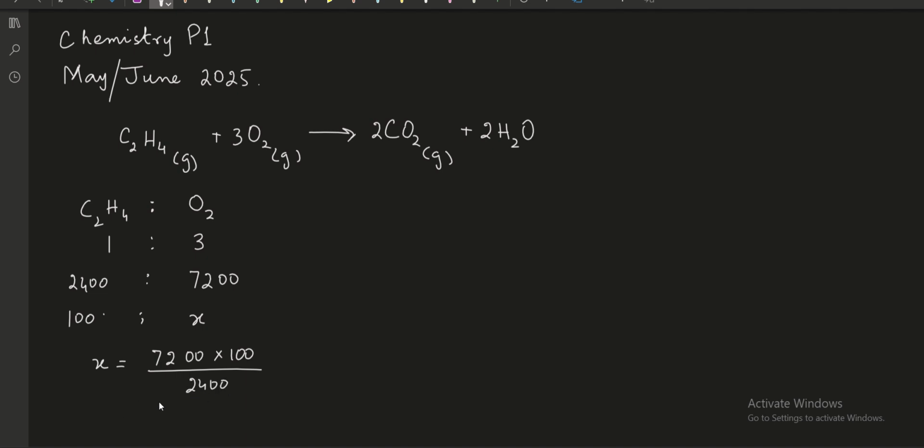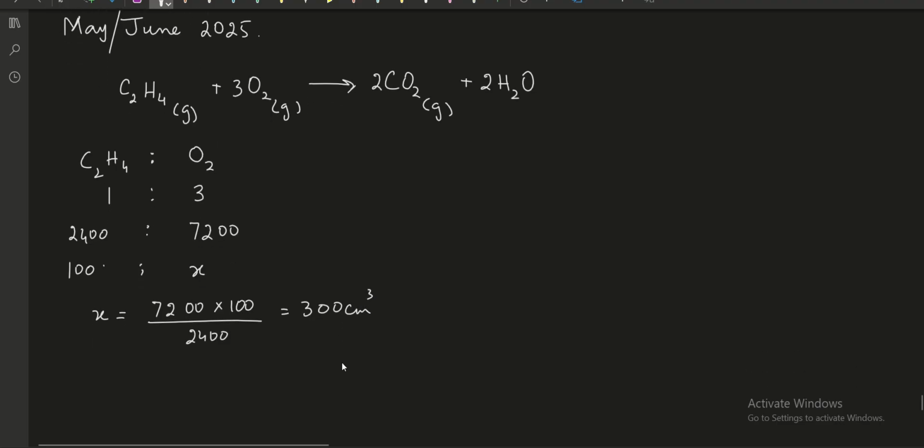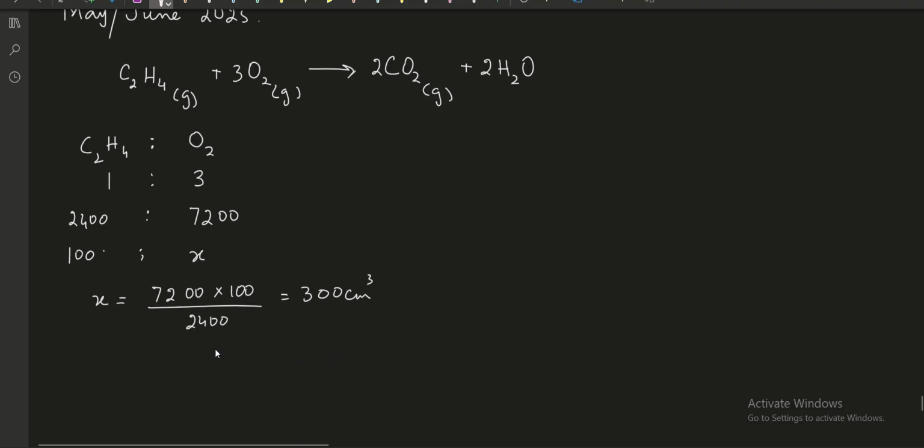Your answer would be 300 centimeter cube. And how much is given in the question? How much oxygen do we have? In the question it's written that we have 400 centimeter cube of oxygen.